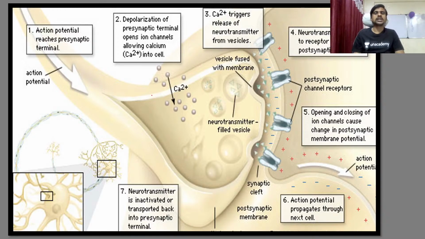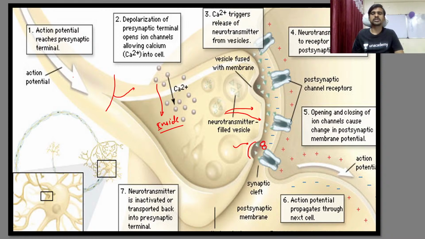At the time when the action potential reaches very close to the synapse, it activates calcium ions, and the calcium ions rush inside the cell. This results in the fusion of these vesicles with this part, and the secretion of a neurotransmitter. Here the neurotransmitters have come out, and they find their position in the next neuron.